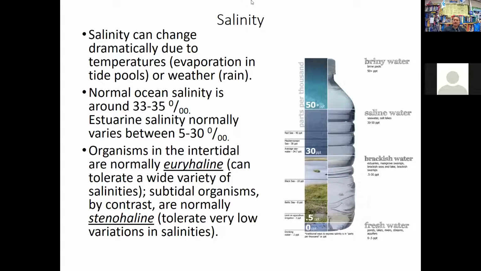Another problem is the salt. If you're an intertidal organism, the ocean is about 35 parts per thousand salt, mostly sodium chloride, with some other ions as well.